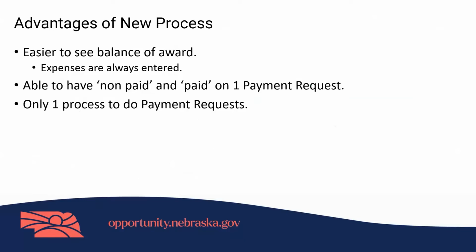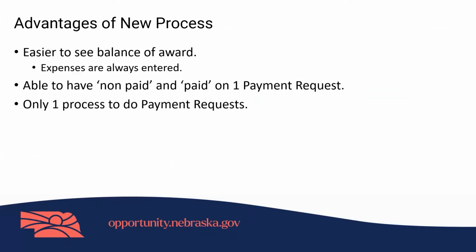All right, so what are the advantages of us changing to this new process? Well, because all the expenses are in when you're asking for your payment, it's easier for both us and you to see the balance of your award. Another reason why is that before, you couldn't do an advance and a reimbursement with one payment request, and now you can.